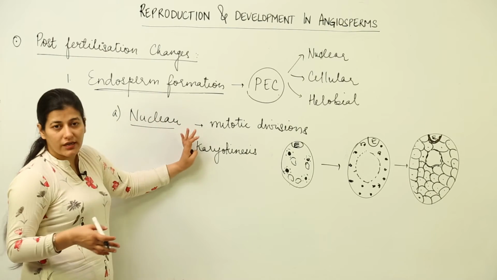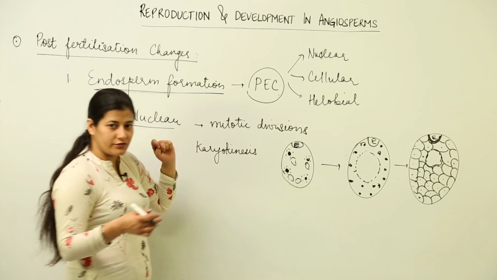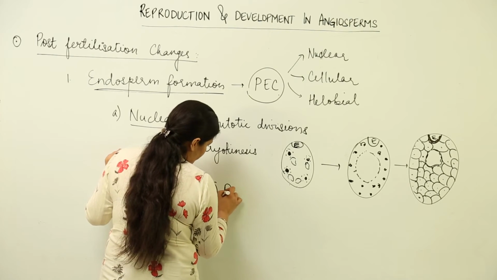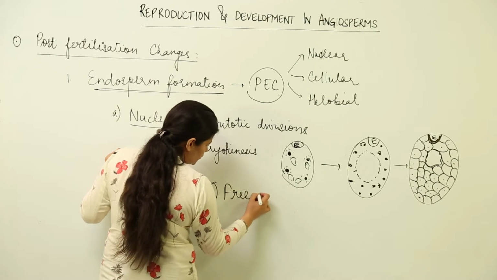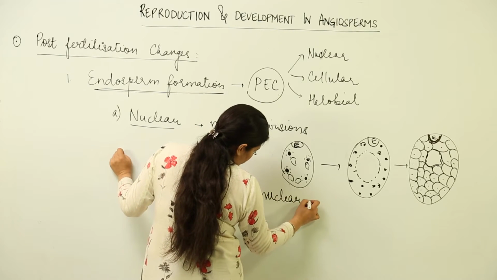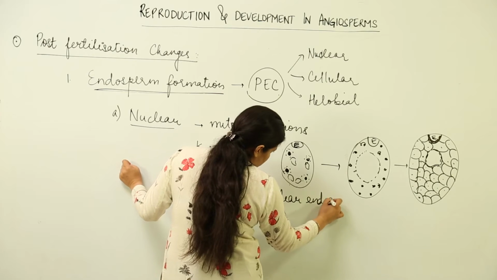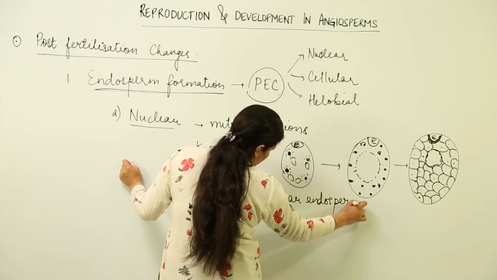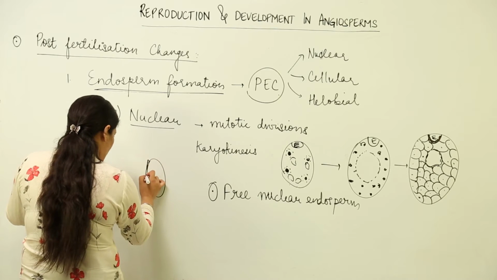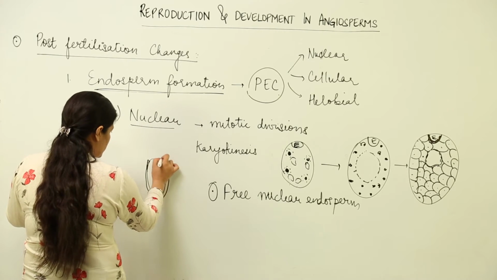Now, this is the nuclear endosperm type. Over here, we have two types of nuclear endosperm. As in the case of coconut, you must have seen that sometimes the free nuclear endosperm persists. In a coconut, there lies coconut water surrounded by a white kernel-like substance, which is also edible.